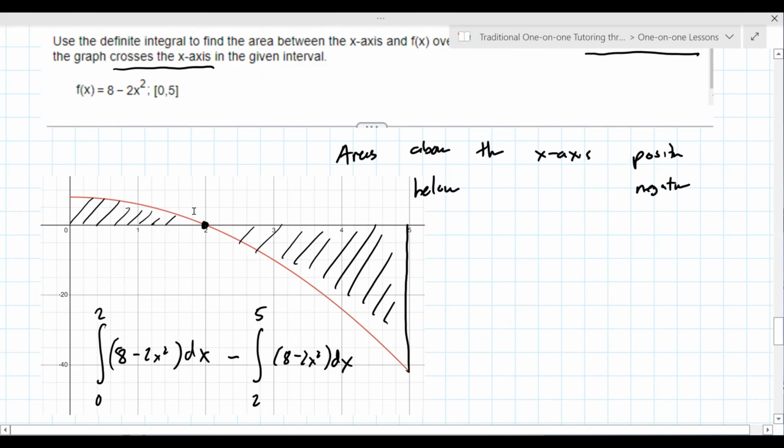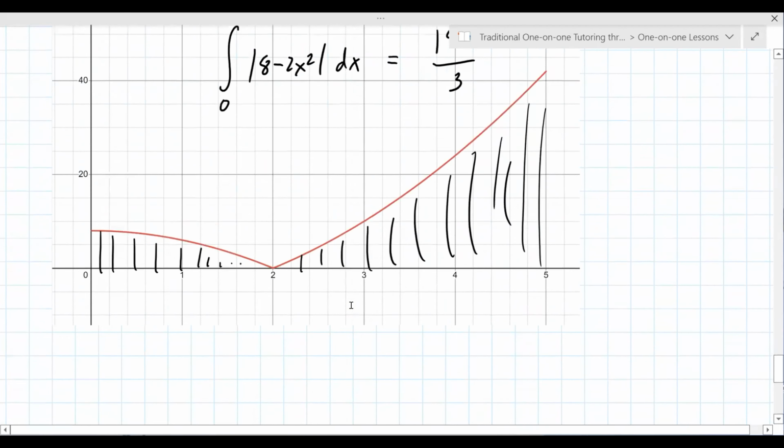That's what you really want to take away from this. You already understood there's a positive part and a negative part, and you can break it up. If there were many crossings, you just break it up a bunch of times. If you were writing a program to do this, you would look for the crossings, and then treat the ones above as positive and below as negative, and it would all work out nicely.